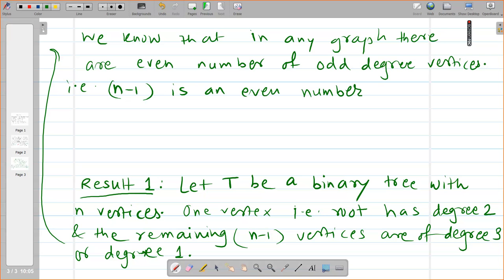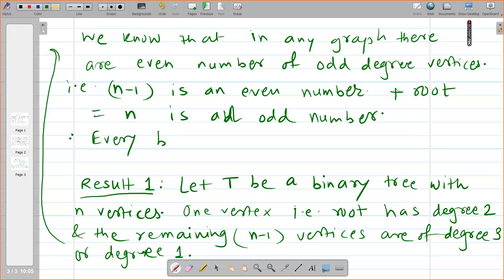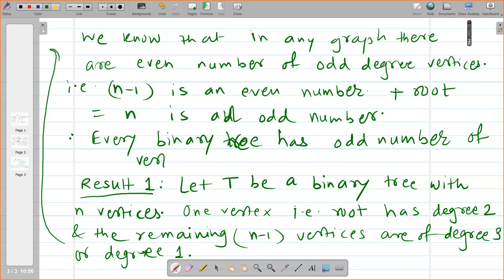Correct? And plus root, that is equal to n, is an odd number. Do you understand it, girls? Therefore, every binary tree has an odd number of vertices. So this is a very important result.